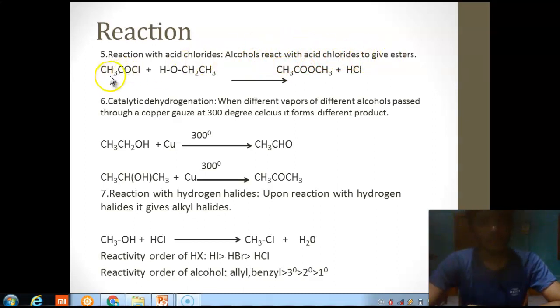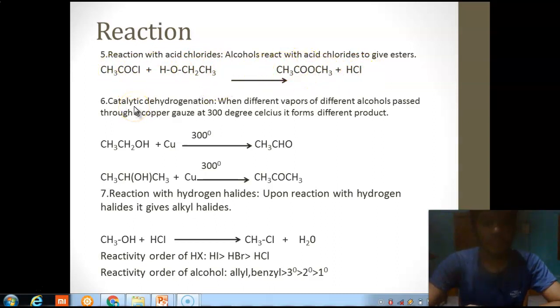So this is acid chloride, and when it reacts with alcohol, it will give ester along with the formation of HCl. Okay, this is a simple reaction. This H combines with Cl, that is chloride, to give HCl, and ultimately this part and this part combine to give the ester.